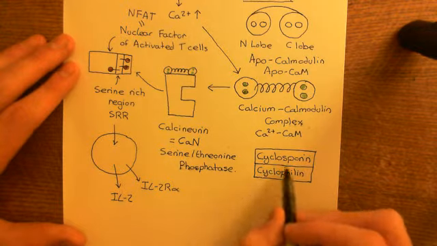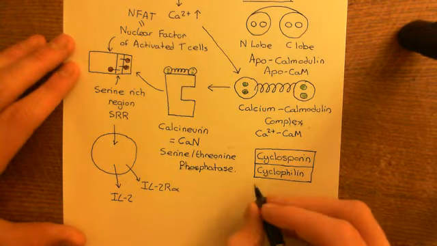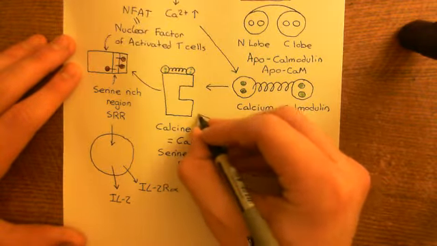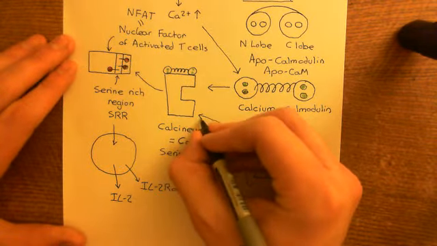Now, the cyclosporine-cyclophilin complex then goes and binds to calcineurin, and basically stops it from being activated.